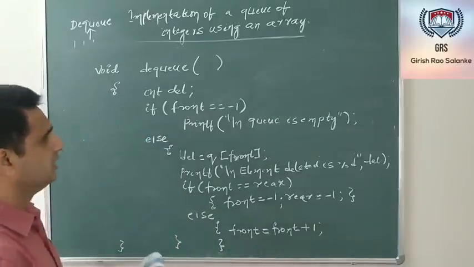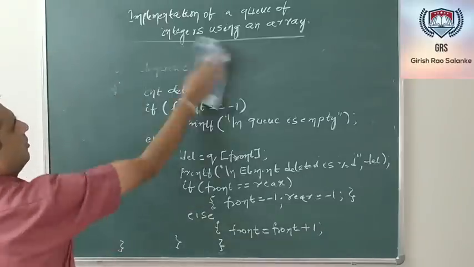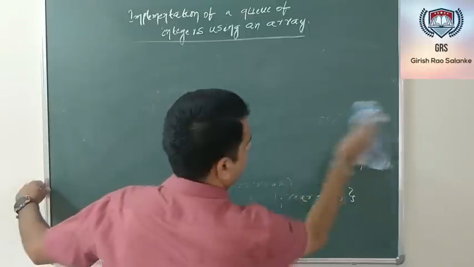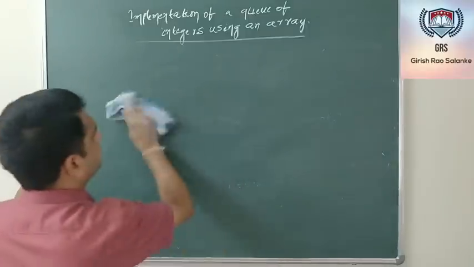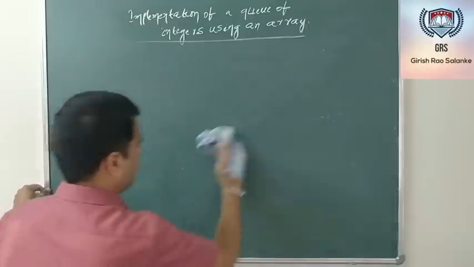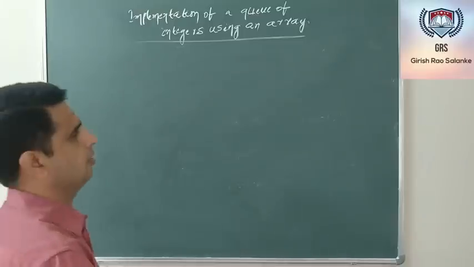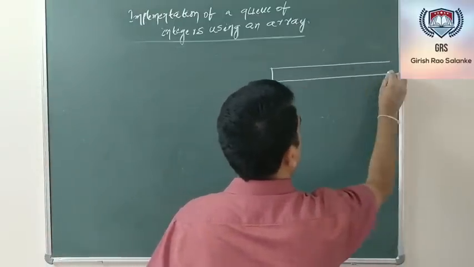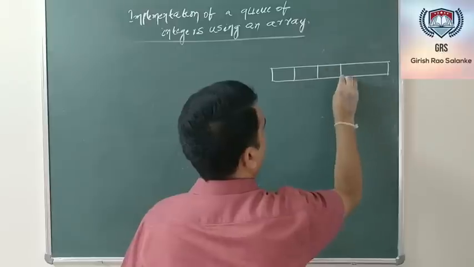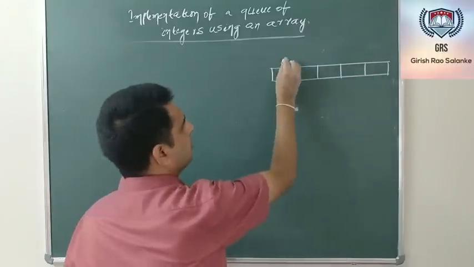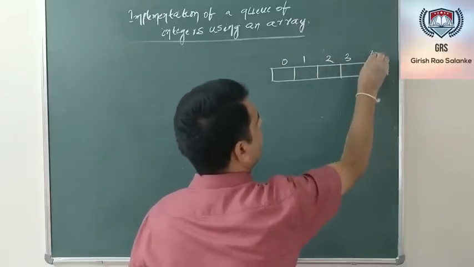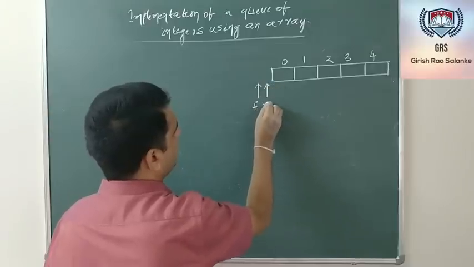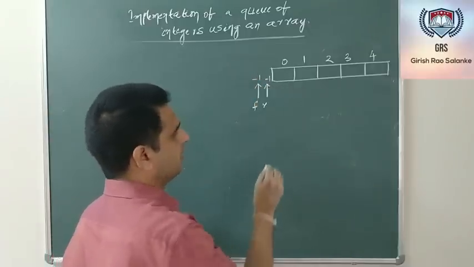Quickly we'll go for the display function. I'll assume that this is my instance of Q where there are no elements. So if there are no elements in my Q, both F and R will be having a value of -1.